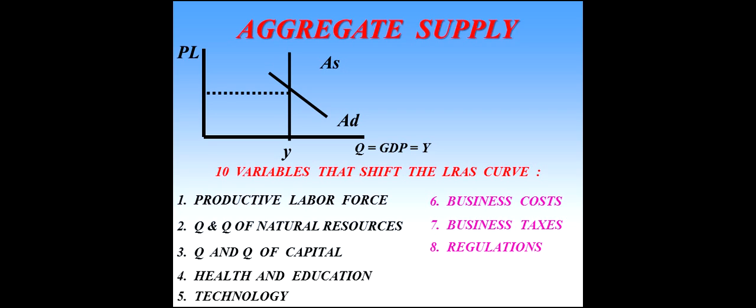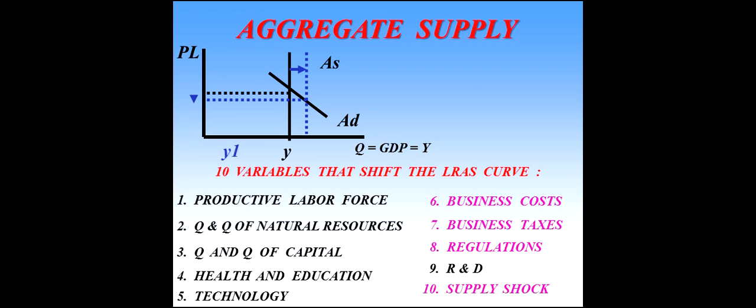So it will wind up shifting the curve to the left as less would be supplied. And if regulations are disbanded or done away with, business costs will be lowered and it will shift the curve to the right. Research and development, money invested in developing new techniques, which then will lead to new technology, that will help shift the curve to the right.